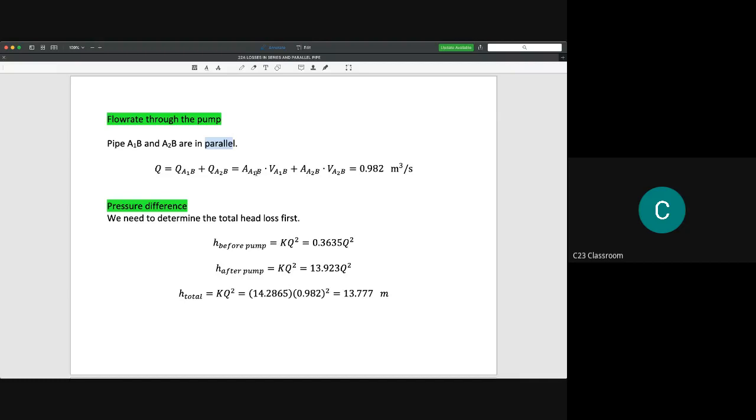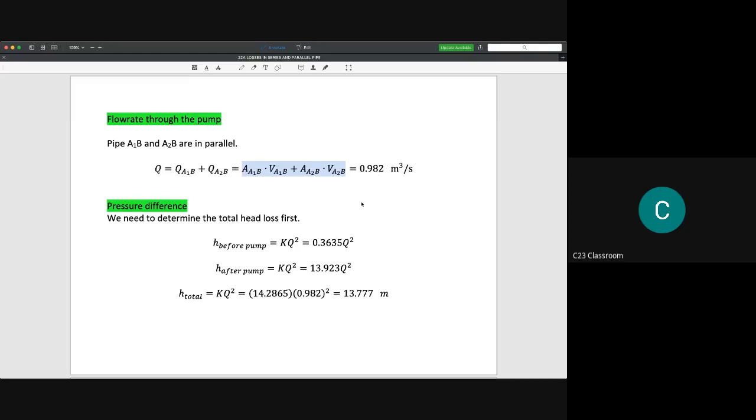So we calculate all of these, and we get around 0.982 cubic meters per second. We have the velocity, and then we can calculate the cross-section area from the diameter given in the table. So this is the total flow rate through the pump.